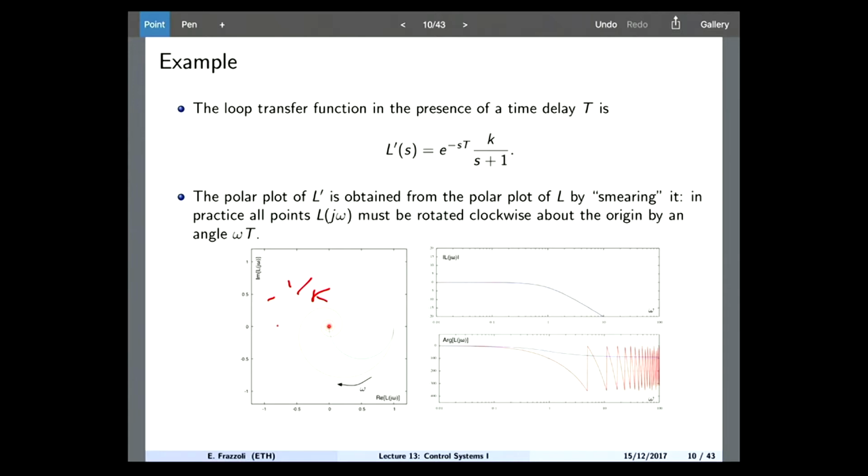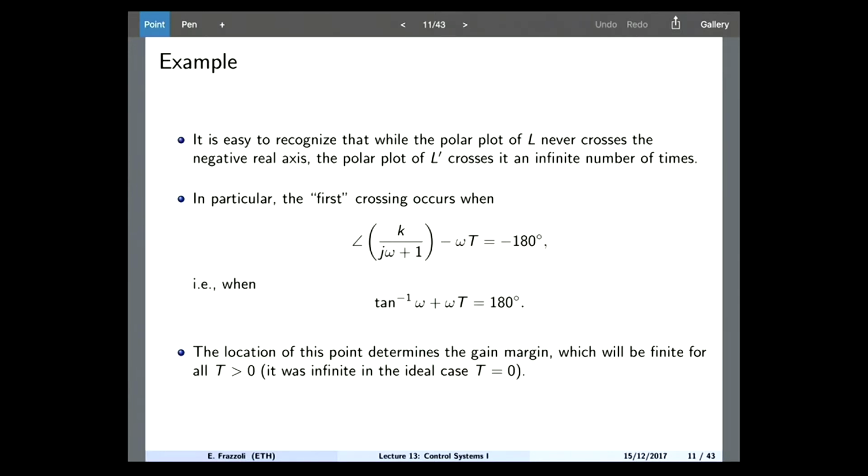So this is the effect. In particular, you see it here: the first crossing of the real axis on the Nyquist plot occurs when omega satisfies this quantity.